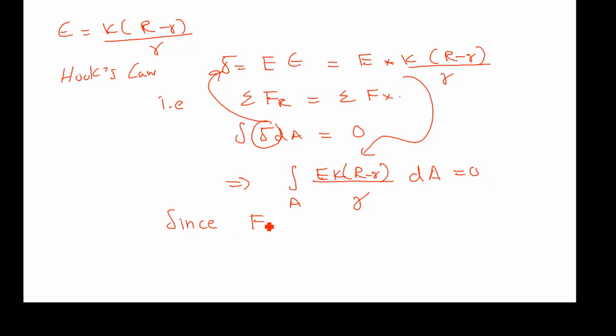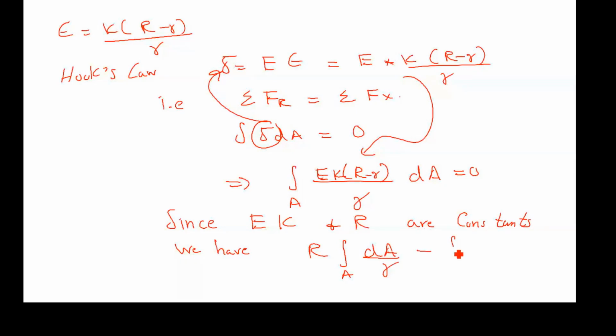Since we know that E, k and capital R are constants, we have r bar times the integral of dA divided by r minus the integral of dA equal to 0. Now we have to solve this equation for r.